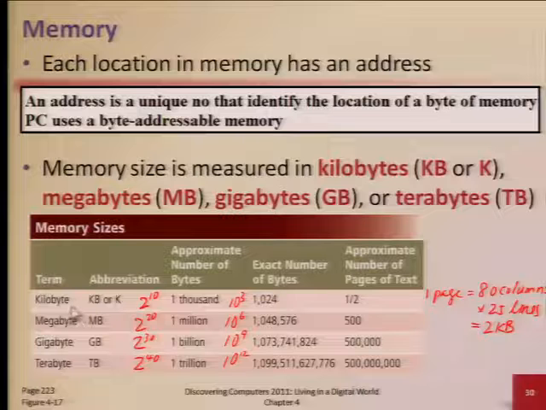For each term here, how big is the size, that means the number of bytes of memory that you have. For kilobytes, remember we are talking about binary, so the exact figure has to be based on 2, right? So kilobyte is 2 to the power of 10. That is 1024. So for quizzes, for exams or whatever, we will always want the exact number.